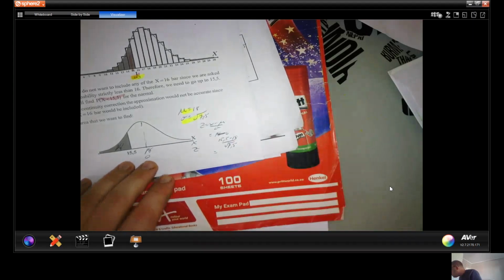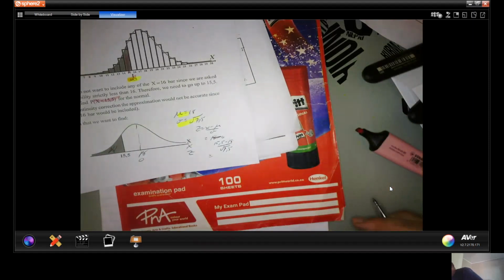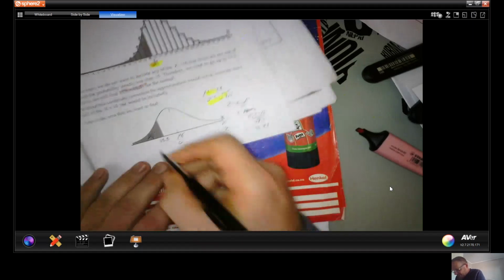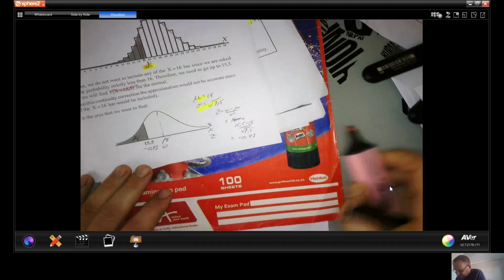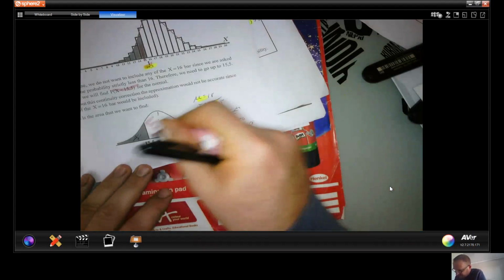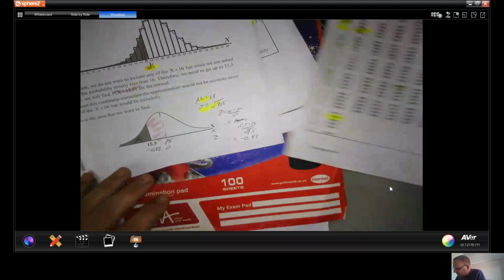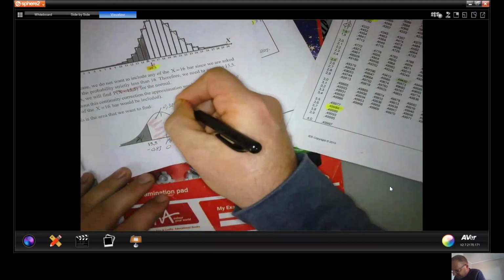And if we use our textbook, I'm going to get an answer of negative 0.93, which should be negative because it's to the left. So here z is negative 0.93. If I look up a z score of 0.93, I'm going to get this area over here, which, as we've worked out before, is 0.3238. So that area there is 0.3238.